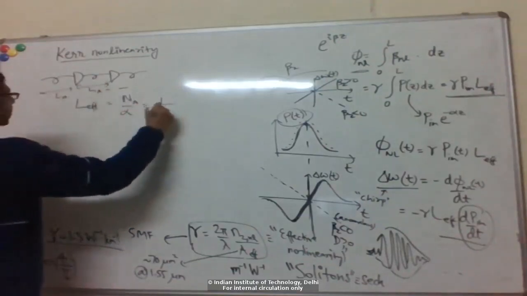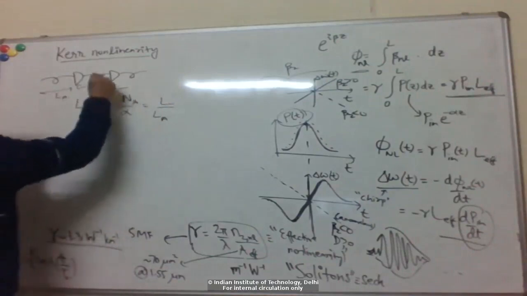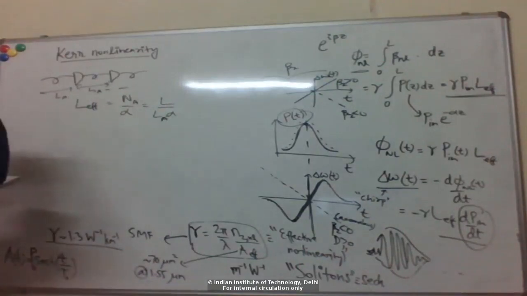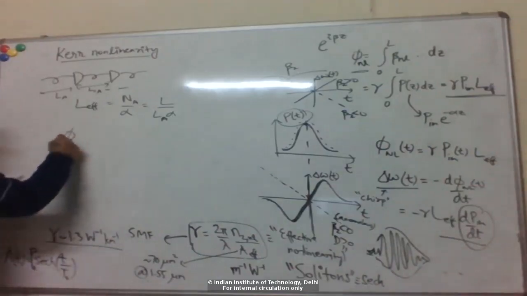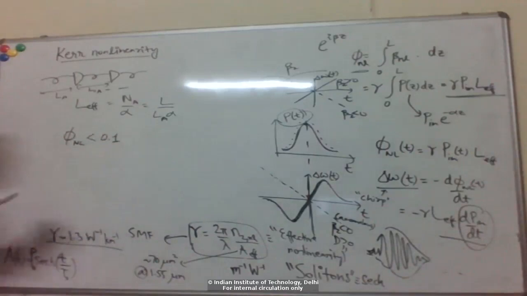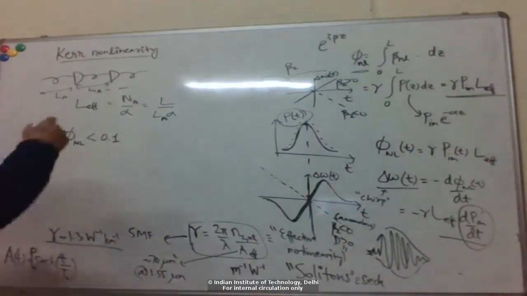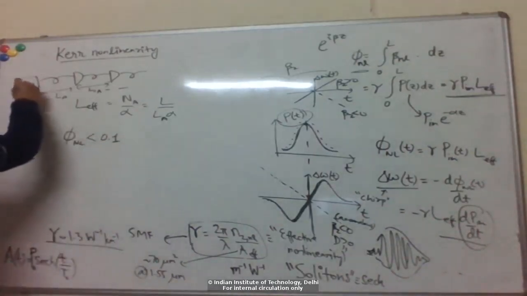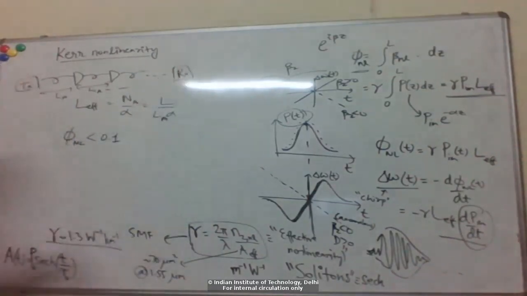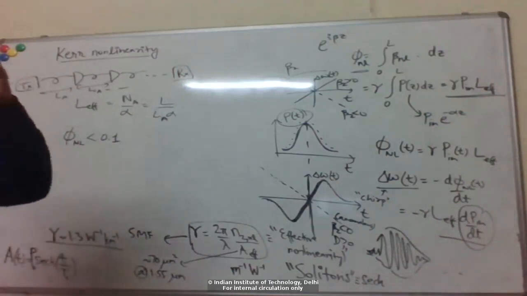So this I can also write as L over L_A, that's the number of sections here. So typically we want the total nonlinear phase shift to be less than 0.1 radian over the link from the transmitter to the receiver.